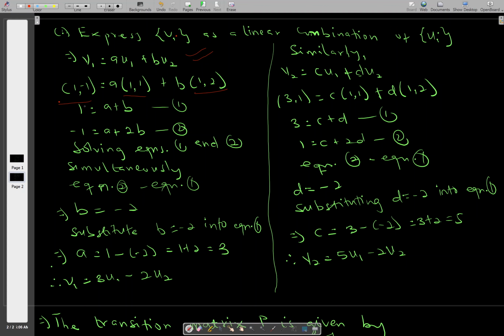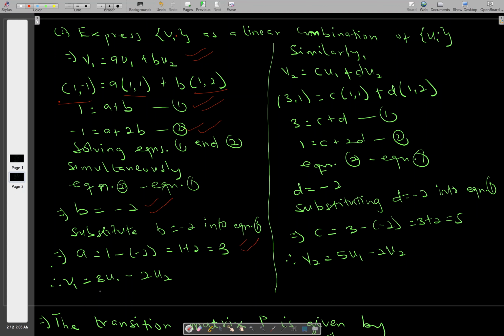This one is given by A times 1 is 1 plus B times 1 is B. So we have our equation 1. Then you also come back to the second element in each of the vectors. We have negative 1 equals A plus 2B. So you have equation 2. You solve equation 1 and 2 simultaneously. When you solve it simultaneously, you get negative 2 for B and positive 3 for A.